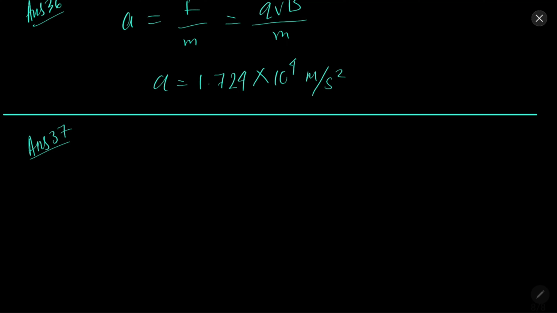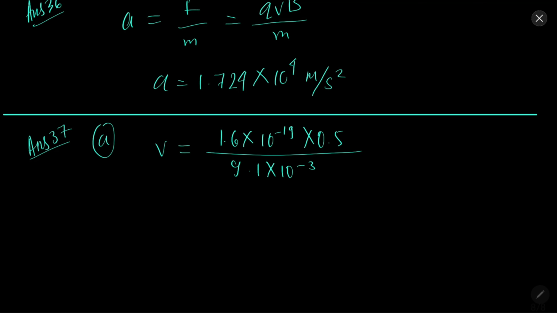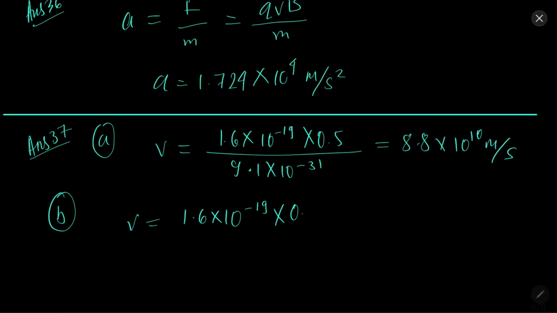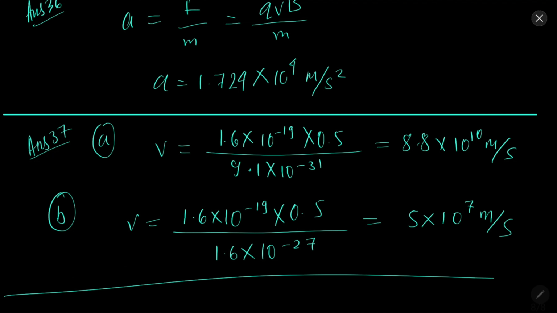Solution 37, part A. Here the velocity will be 1.6 into 10 to the power minus 19 into 0.5 over 9.1 into 10 to the power minus 31, which will give us 8.8 into 10 to the power 10 meters per second approximately. In the second scenario, it is 1.6 into 10 to the power minus 19 into 0.5 over mass 1.6 into 10 to the power minus 27, which will give us 5 into 10 to the power 7 meters per second.